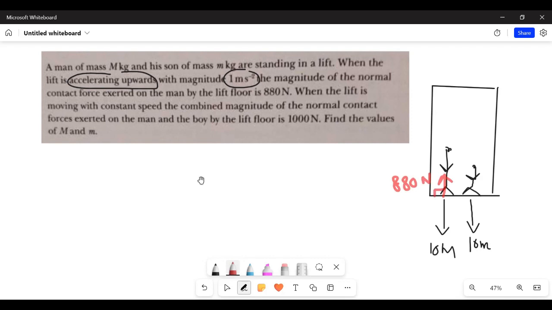This is case one, when the lift is accelerating. Let's form an equation using Newton's second law for this case. Show the direction of the lift using double arrows. It's going upwards as stated in the question. What should be the equation?